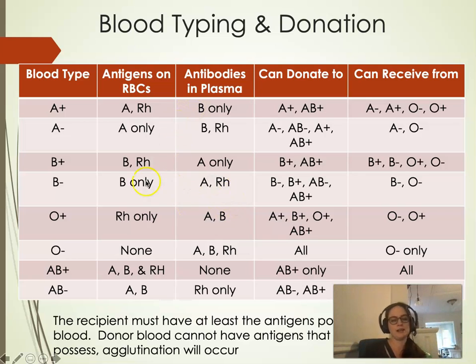I do want to point out that if somebody is negative, we assume that they have the anti-D antibody. Even if there's nothing in their life that suggests that they've been exposed to the D-type antigen before to develop the anti-D antibody, we assume it's there, just in case.